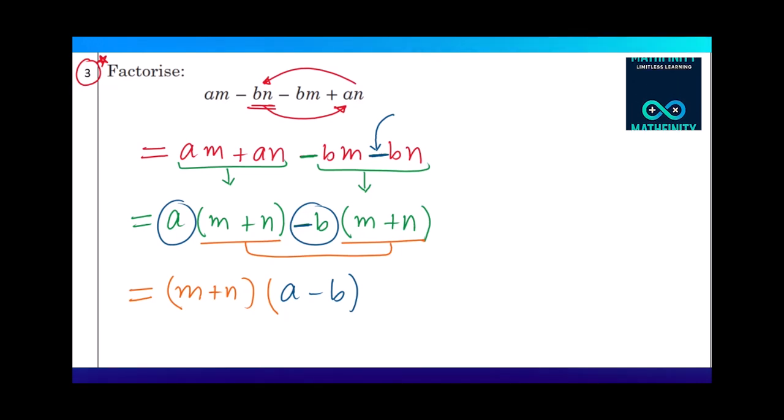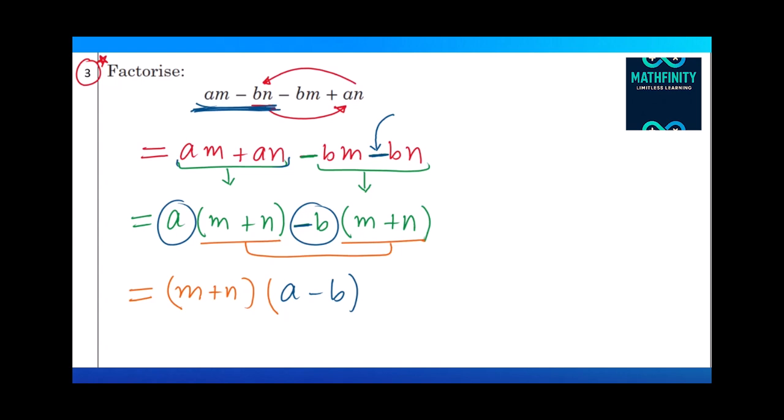So sometimes, why is this an important question? Because first we formed these two groups and we observed that no variable is common, no number is common. So you can rearrange, you can shift the terms. You have to check properly which term is suitable to take common.